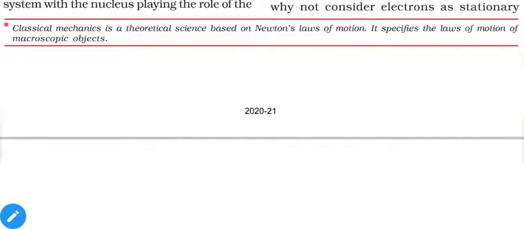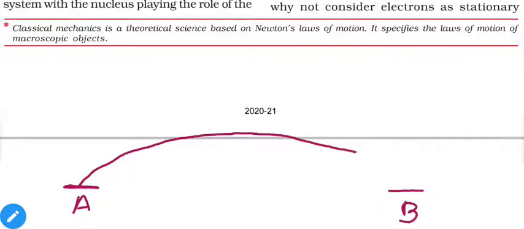Suppose you throw a ball, so what will be the description of it? Let us say you are throwing it from this place called A, and the ball will land at this point called B. This will be the path of the ball, called the trajectory of the ball.